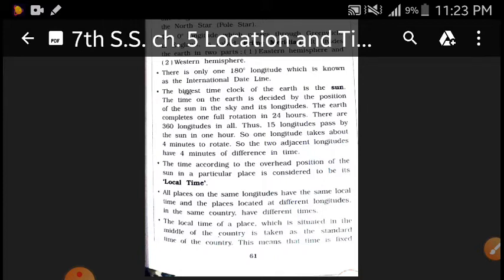The longitudinal coordinates of India are given as 68 degrees east to 97 degrees east. Then the time of different countries compared to India, whether behind or ahead, is also given, and all those answers will be in this PDF.